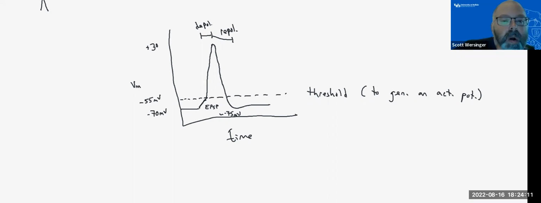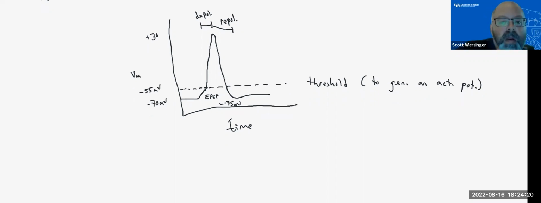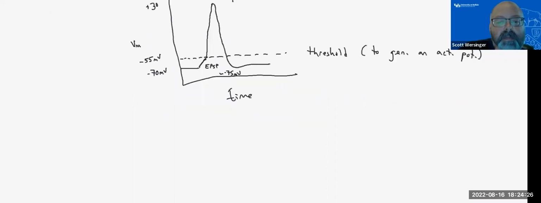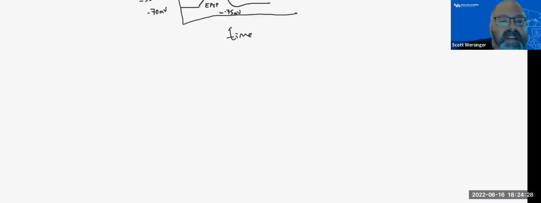Right now we're looking at the beginning of the action potential at the axon hillock. Now we need to tie this to events. So I'm going to list the events. First thing, we hit threshold.